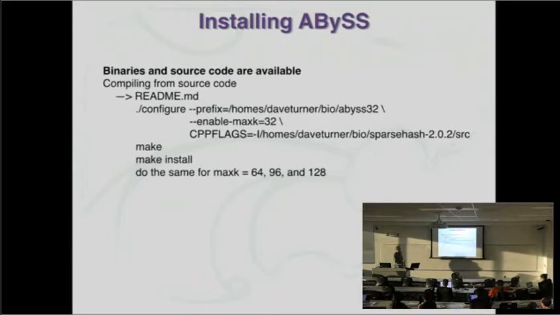And then it depends on another library called sparsehash that I had to compile first and tell it where it was at. But after that, I did a make install, and that was about it. So I showed you that the base way of doing this is 3 commands. It's almost always harder than that.